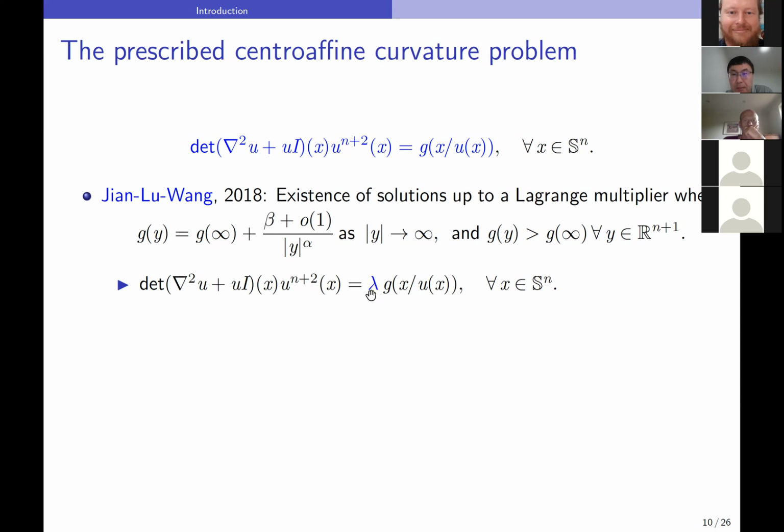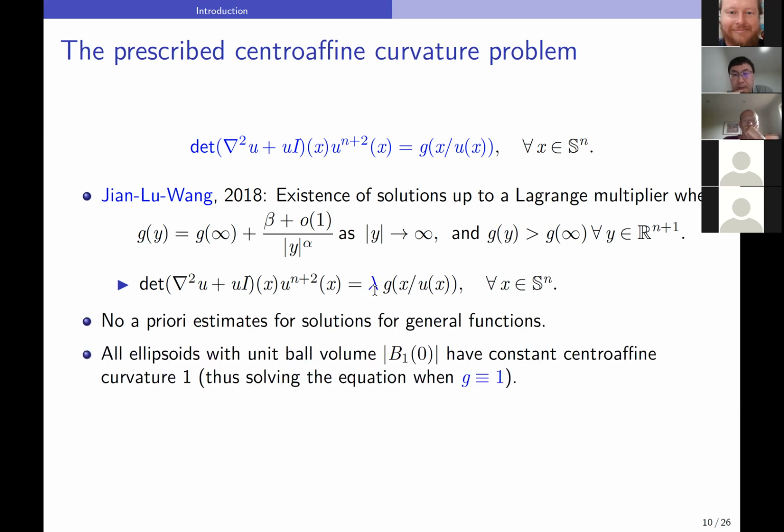Here is lambda, a Lagrange multiplier. When we study this equation, the centro-affine curvature problem, one main difficulty is that there is no a priori estimate for solutions for general functions.